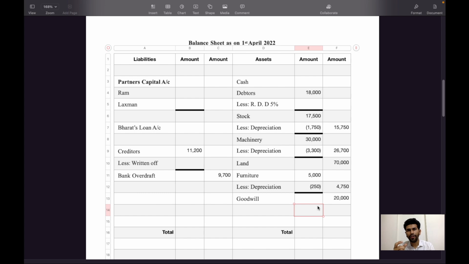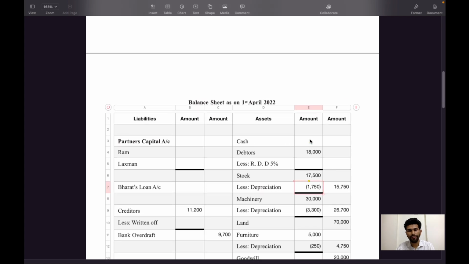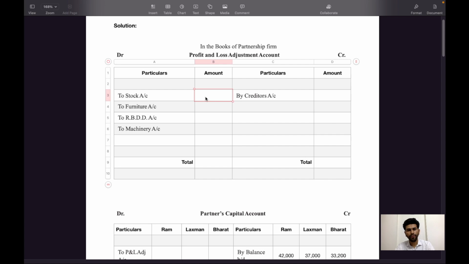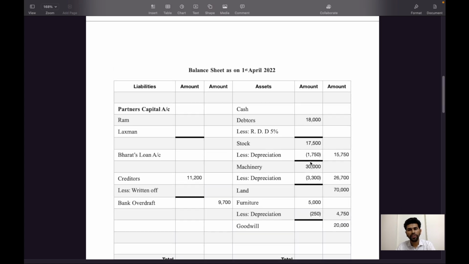It is a kind of notional loss. So stock 1,750, the amount of reduction in stock is 1,750. Furniture 250, machinery 3,300.